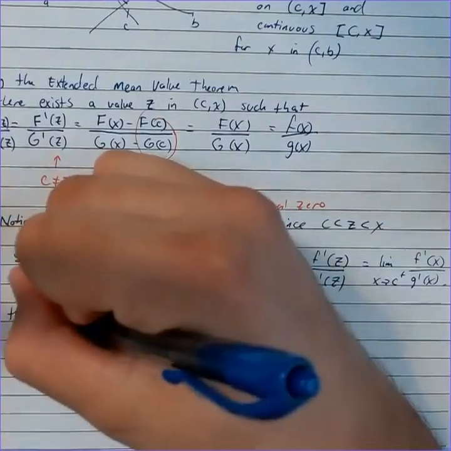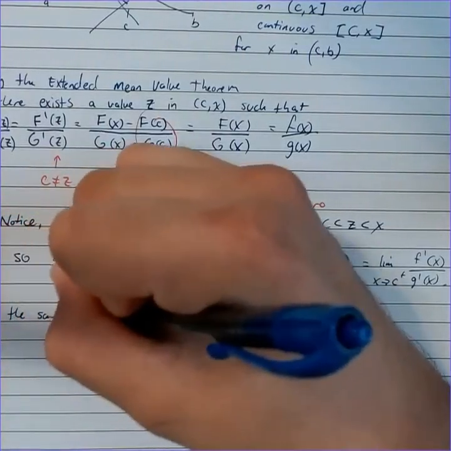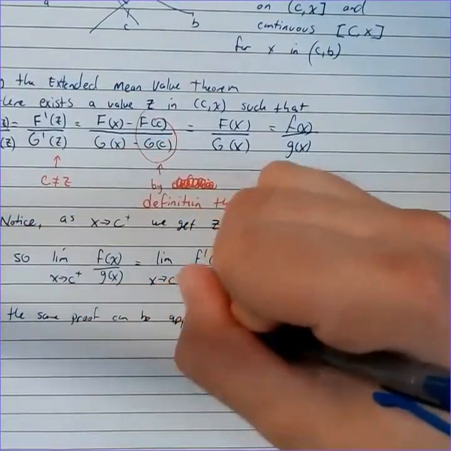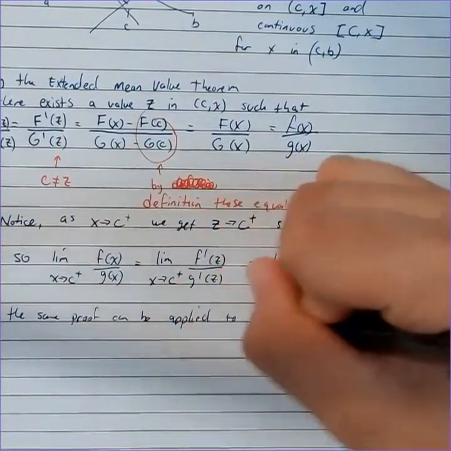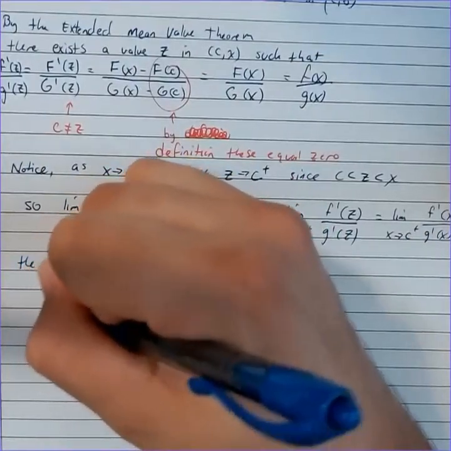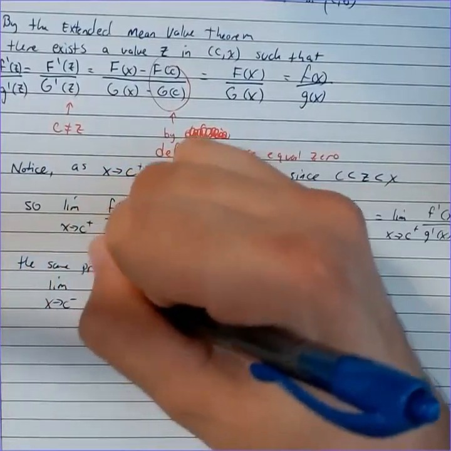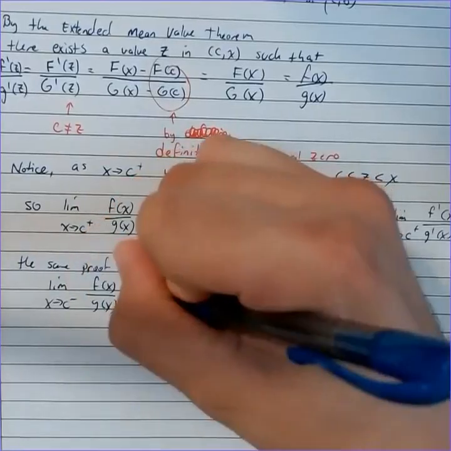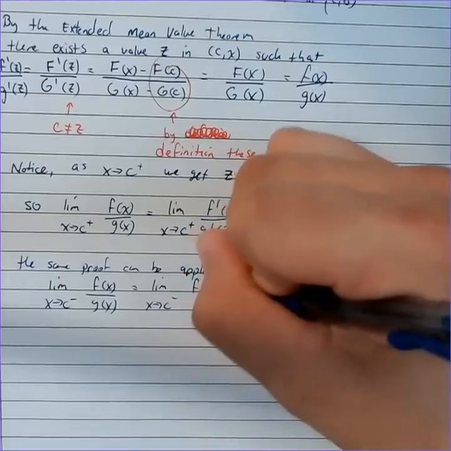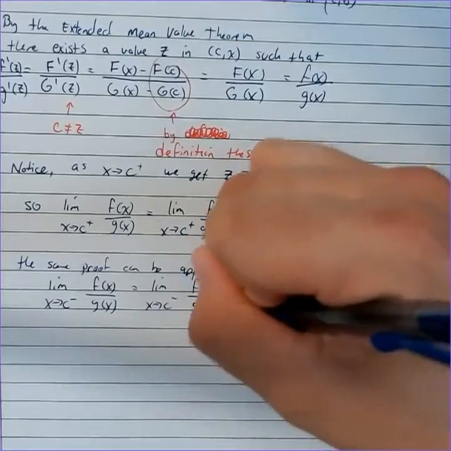The same proof can be applied to show the other side, namely that the limit as x approaches c from the left of f of x over g of x is the same as the limit as x approaches c from the left of f prime of x over g prime of x.